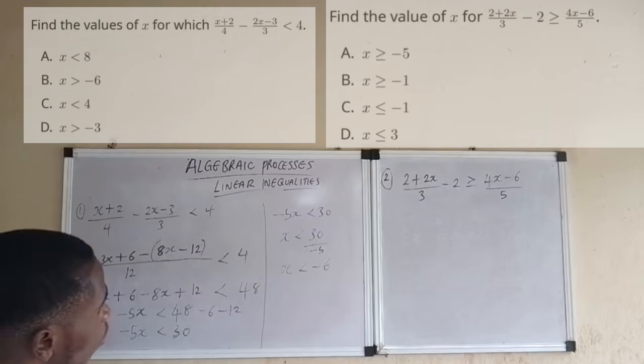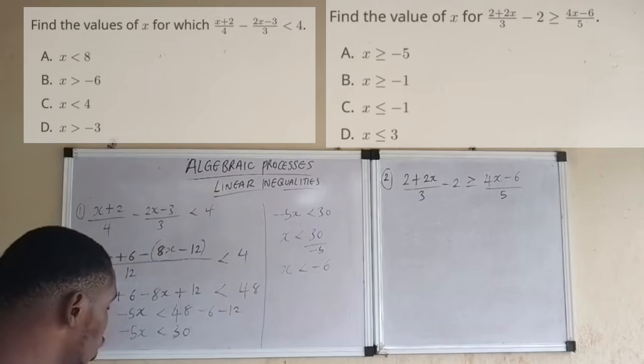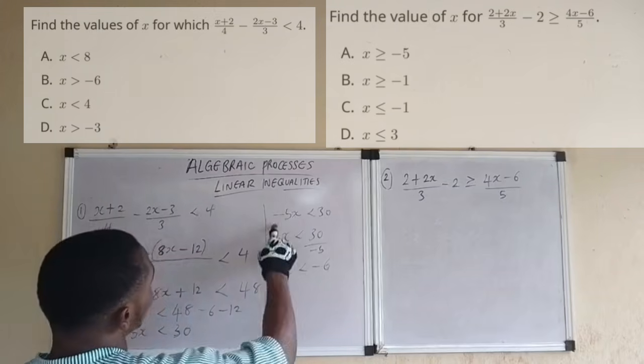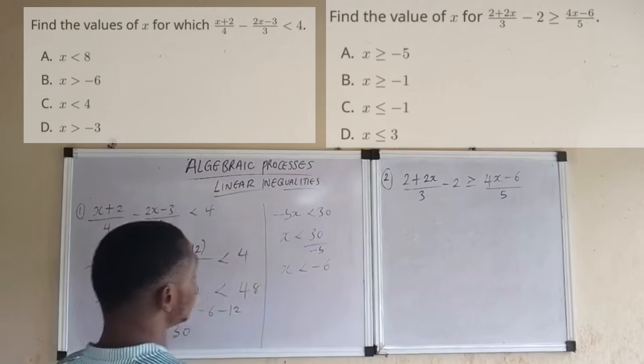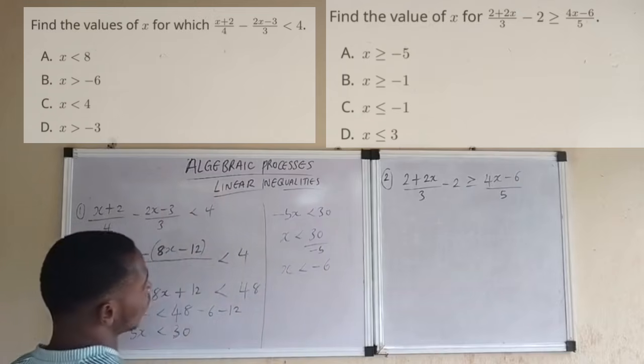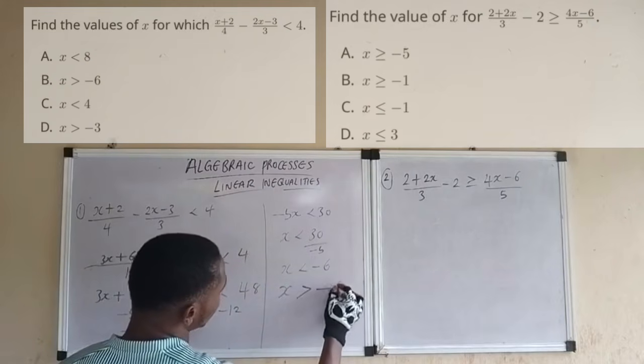Okay, so actually the sign is going to change. Okay, the sign is going to change because we are dividing both sides by a negative value. Anytime we divide both sides by a negative value, the sign changes. So eventually the final answer is going to be x is greater than minus 6.